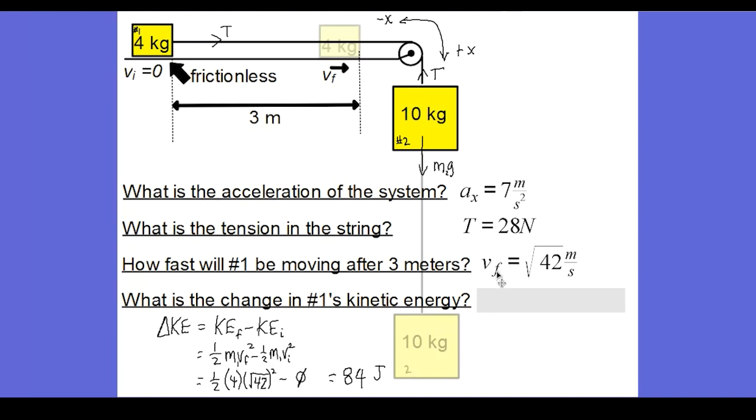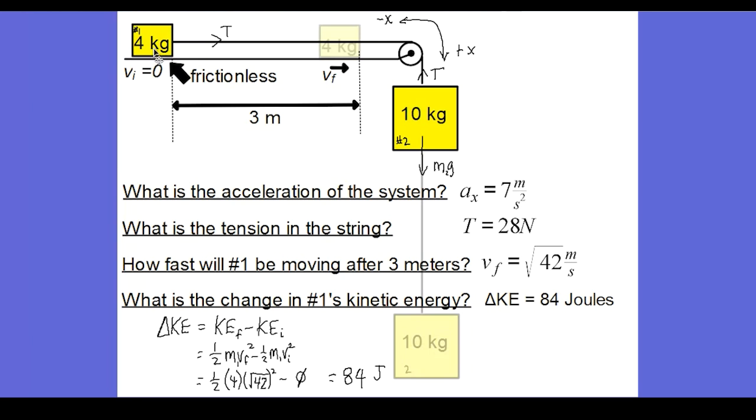At this location, it is moving at the square root of 42 meters per second, so I plug that in for velocity. The mass is 4. I work out the math, and I see that it is 84 joules. The block has gained 84 joules of kinetic energy.